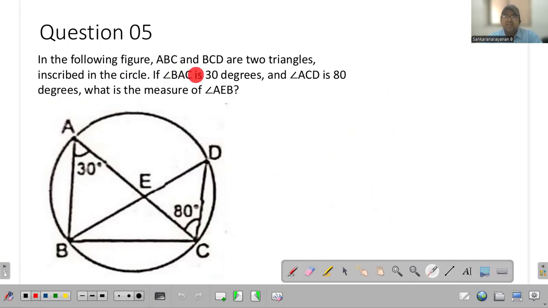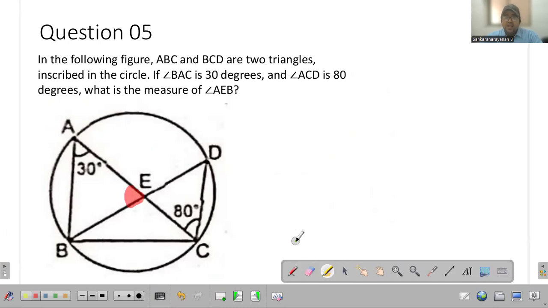If angle BAC, B to A to C, is 30 degrees, and angle ACD, A to C, C to D, is 80 degrees, you are asked to find the measure of angle AEB, A to E, E to B. They are asking you to find the measurement of this angle. How much is this inclination? You are asked to find this.